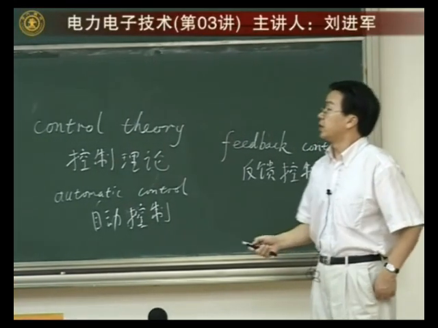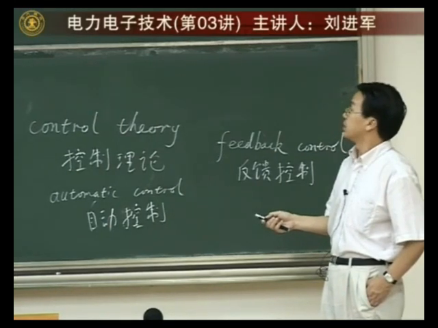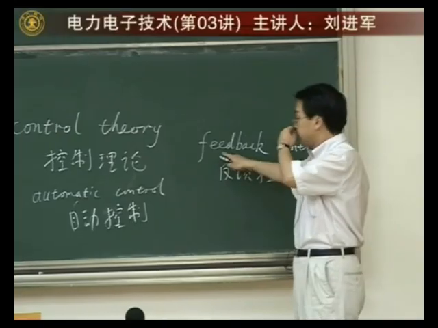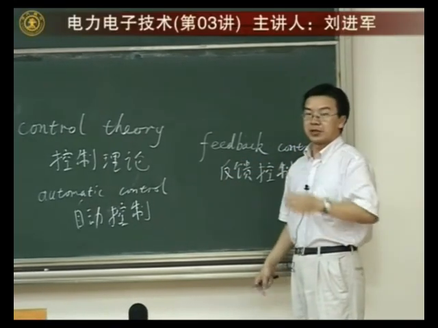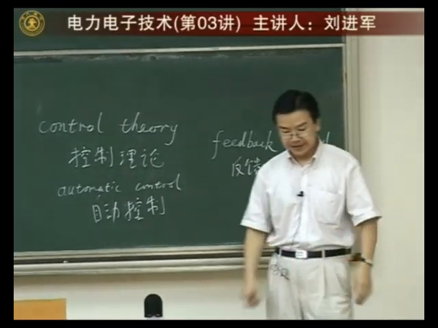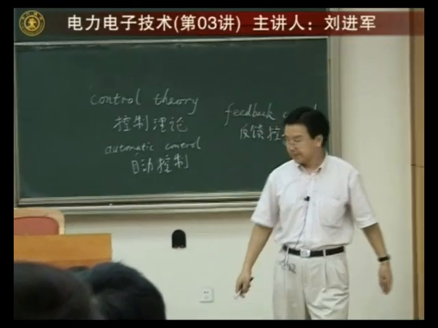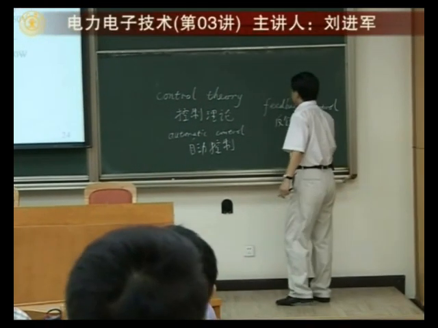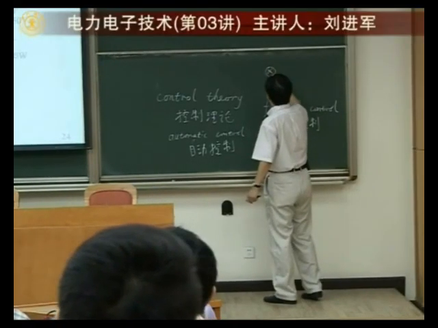If you want to deal with disturbance either from load or from input, you always have to use feedback control. What is feedback control? A very brief illustration. Okay. Feedback control.